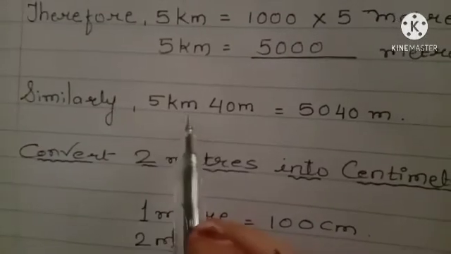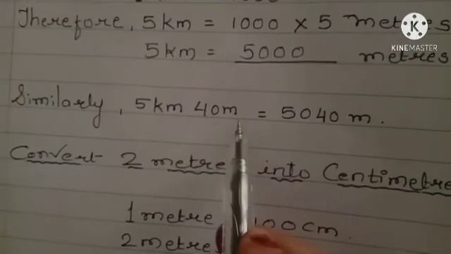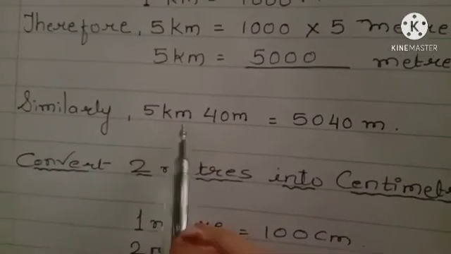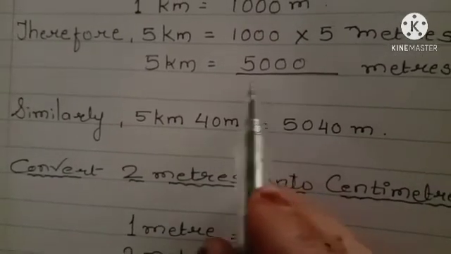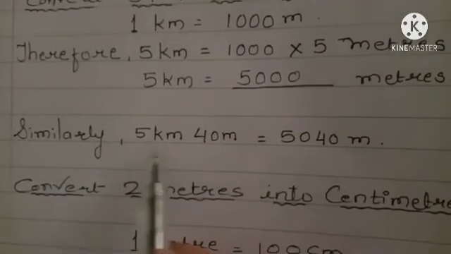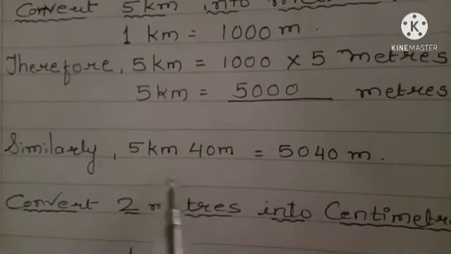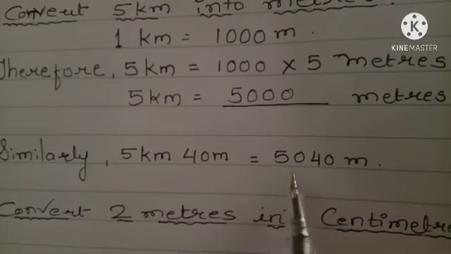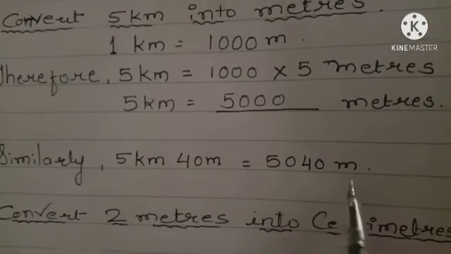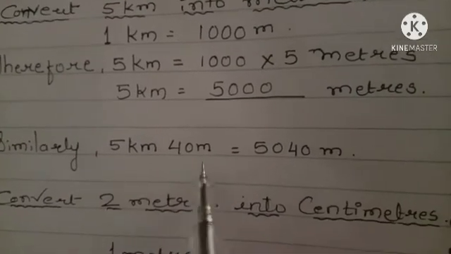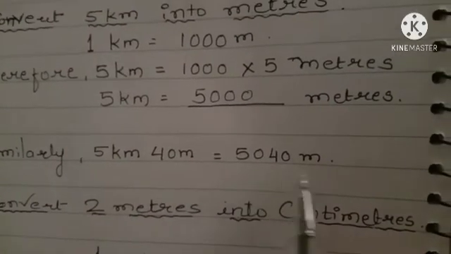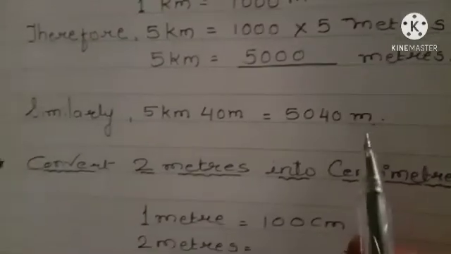Similarly, 5 kilometers and 40 meters. See here, 5 kilometers is how many meters? 5000 meters. So these 5000 meters plus 40 meters. So 5000 plus 40, it will be 5040 meters. So 5 kilometer 40 meters, it will be 5040 meters.